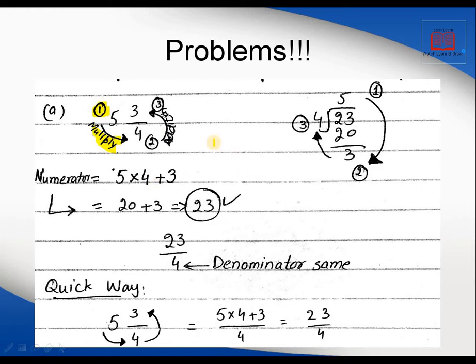The denominator, as I already mentioned, would be the same. There are two types of representation: one is the improper fraction, and the second one is the mixed number. In both cases of the conversion, the denominator must be the same.